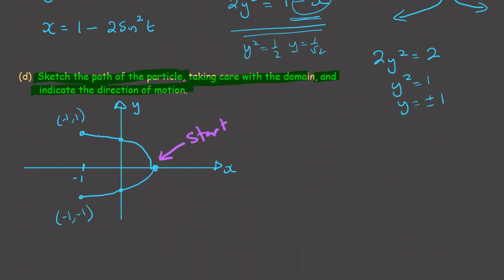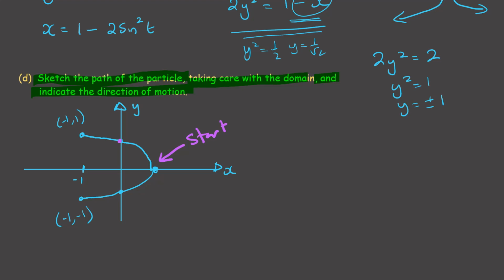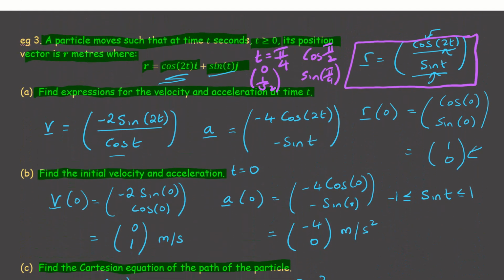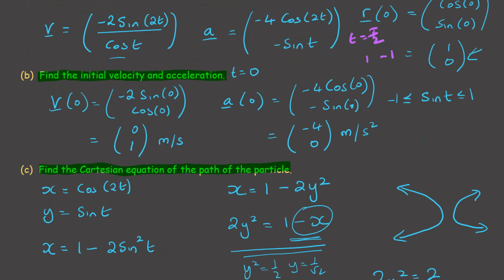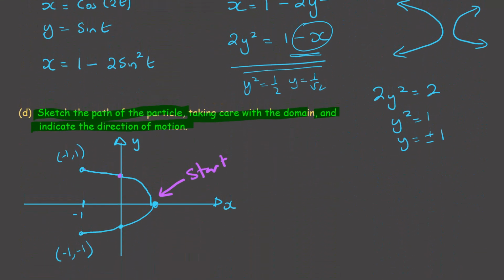So that's when it is at this point. And then if you try t is equal to pi by 2, we would have cos pi, which is -1, and sine of pi by 2, which is 1, so -1, 1, and that means it would be here. So the initial direction of motion would be like so. But then it will come back along, and then it will come to this point, and so on. I'll probably just indicate the initial direction.